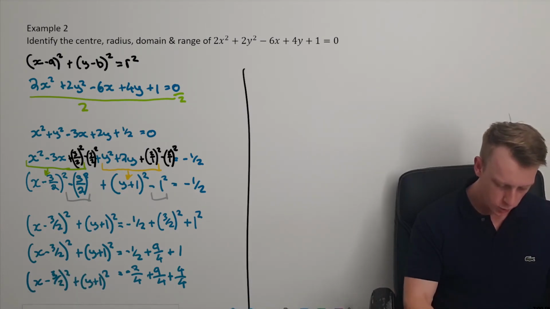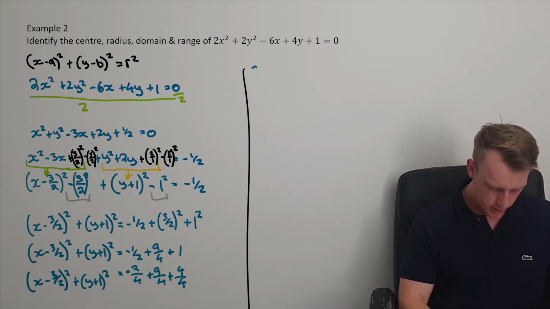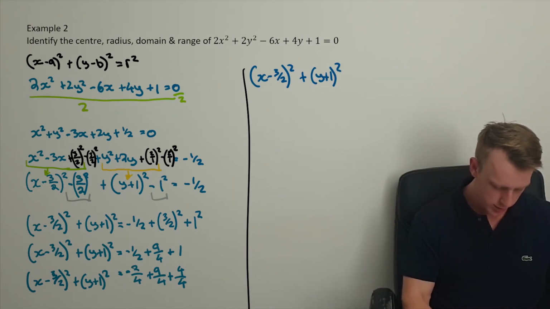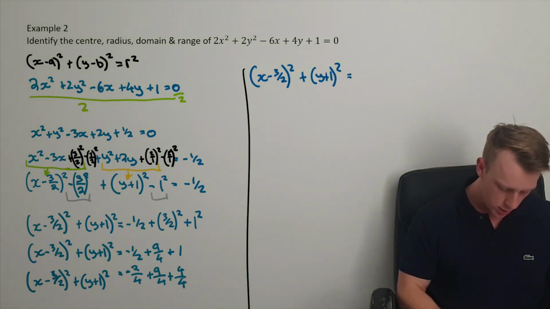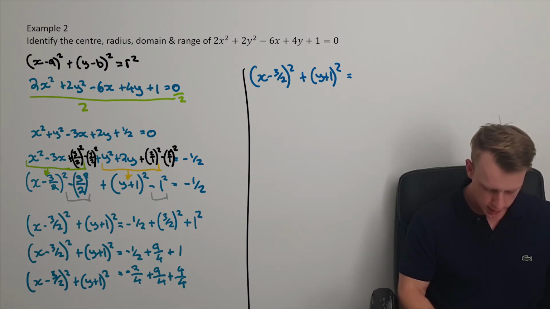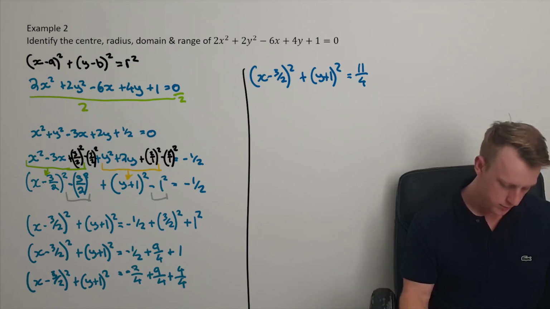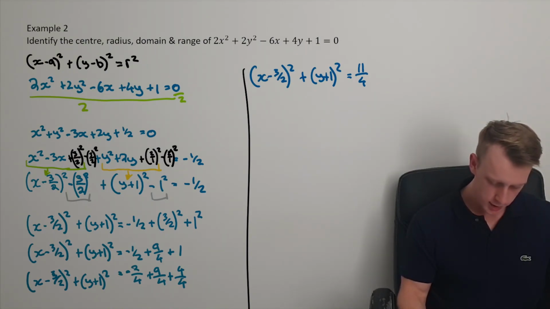Okay, continuing the work along up here, we'd have x minus 3 on 2 squared plus y plus 1 squared equal to minus 2 plus 9 plus 4 be 11 on 4. Okay, and so now we can state a few things.